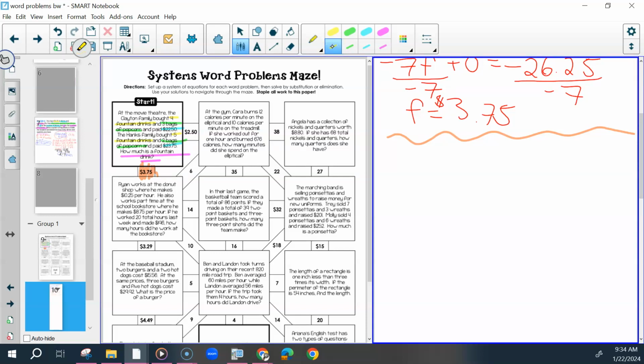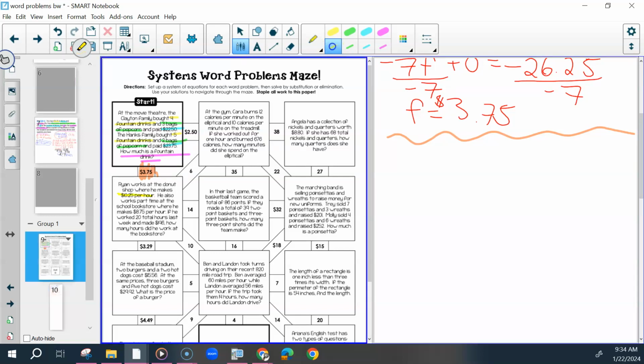He makes $10.25 per hour. I'm going to highlight at the donut shop. What else? Bookstore, he makes $8.75 per hour. And then what else? Worked 20 total hours and made $196. And we're looking for how many hours he worked at the bookstore.